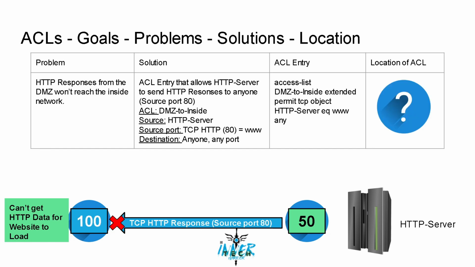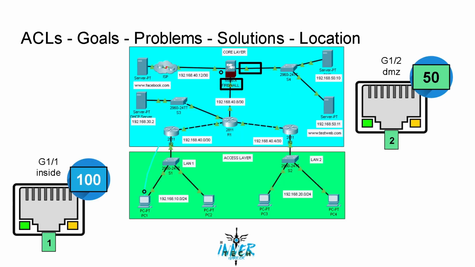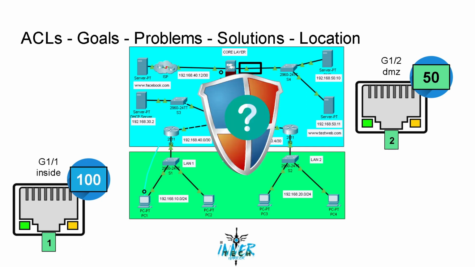Now we arrive back to the question of where should we place this ACL group? We have two options to choose from, since the ACL group only really deals with the DMZ and inside networks. Well, who is the ACL really benefiting? Who are we protecting?